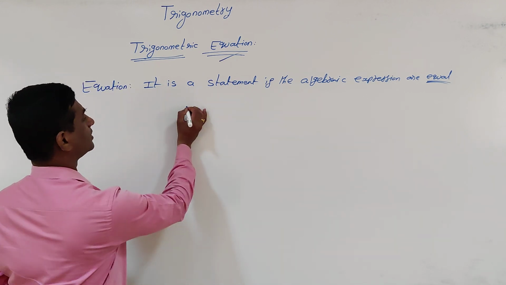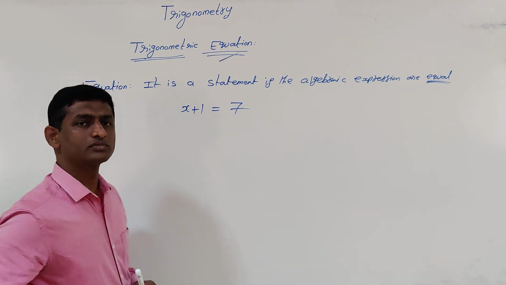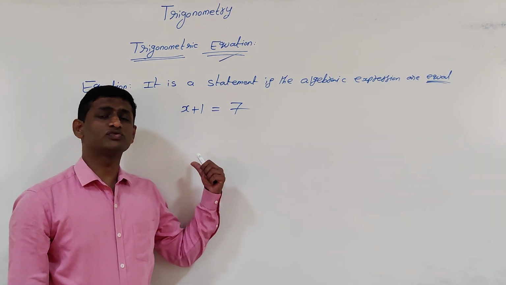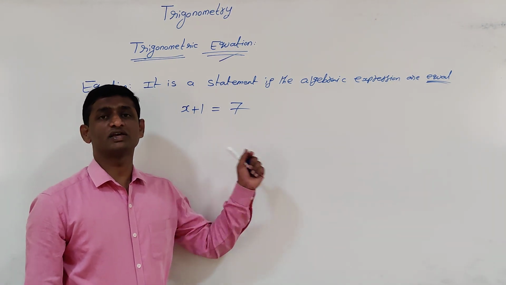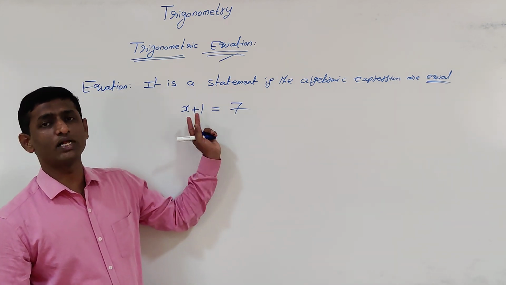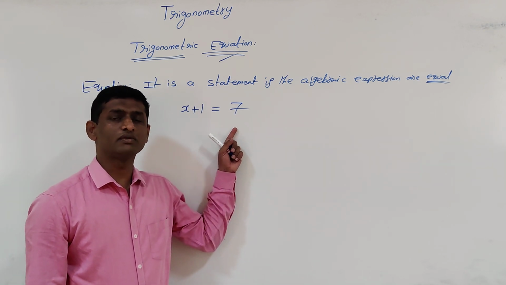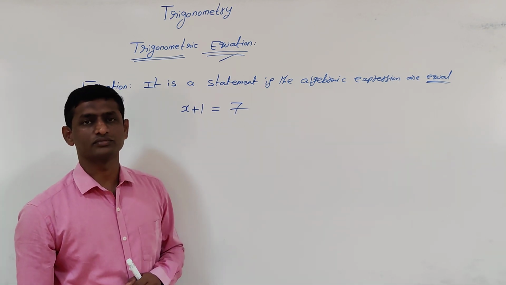For example, x plus 1 is equal to 7. So x plus 1 is one algebraic expression and 7 is another algebraic expression, and the sign in between these two algebraic expressions is equality. So this statement is called an equation.